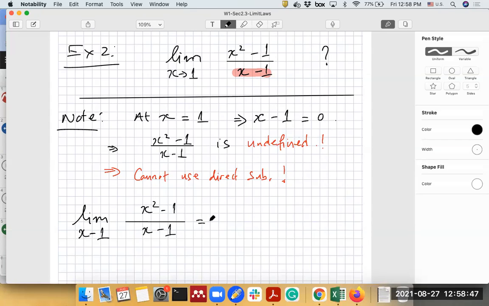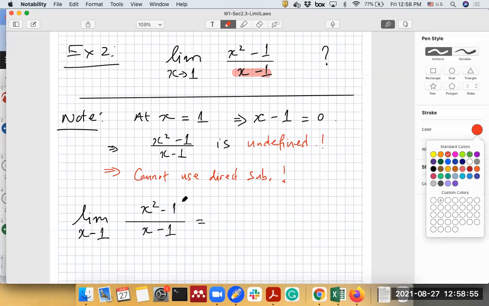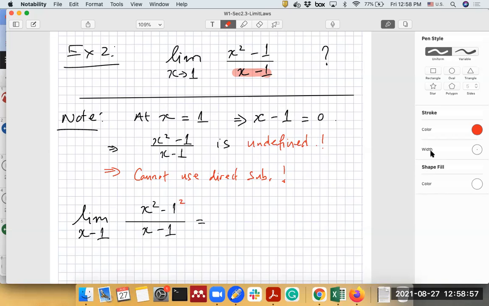So x² - 1. How can we do that? Very good. Wow. Okay, 1 is 1 squared, right? And remember, so how does the numerator become? Yes, thank you.